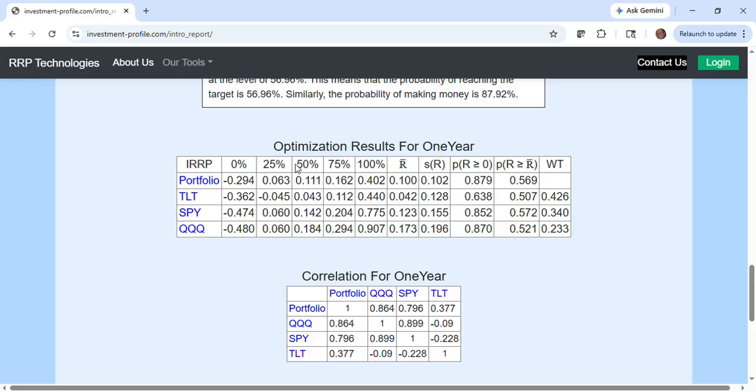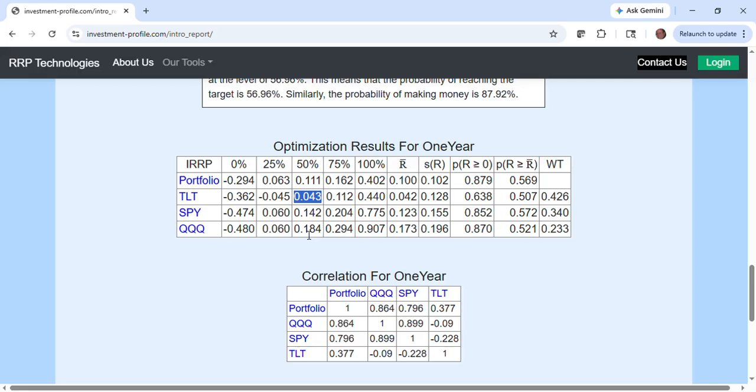This 50% column gives information for the so-called second quartile, or the median values of the returns. So here, over all the returns that we have available to us, the median return for TLT is 4%, or a little more than 4%.